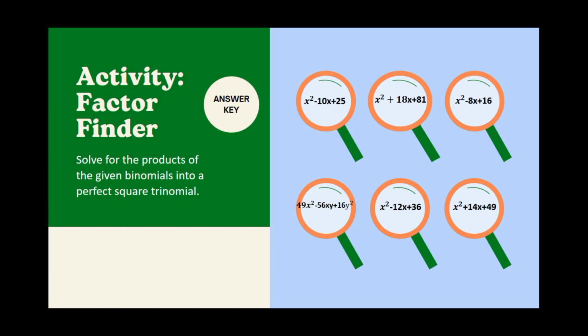Here are the answer keys of that activity. In x minus 5 squared, the perfect square trinomial is x squared minus 10x plus 25. In x plus 9 squared, we have x squared plus 18x plus 81, and then x minus 4 squared, we have x squared minus 8x plus 16, and so on.